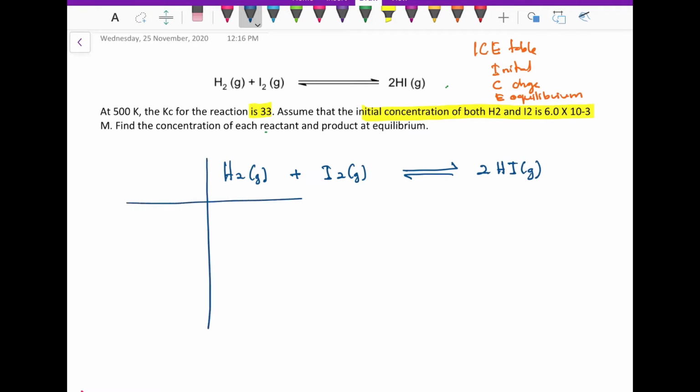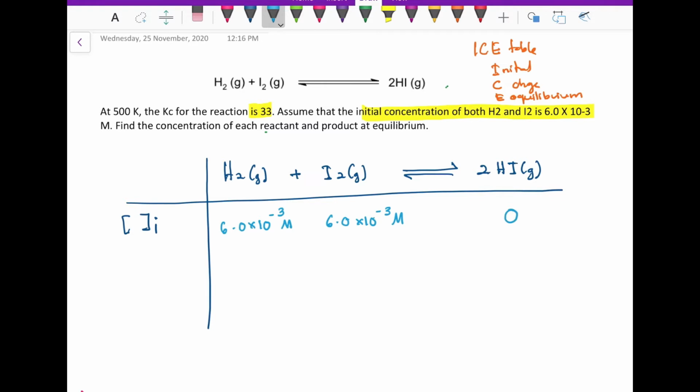In the first column we have the initial concentration, so we put the initial concentration, which is 6.0 × 10^-3 molar for both, meaning that at the beginning of the reaction there is no product formed.